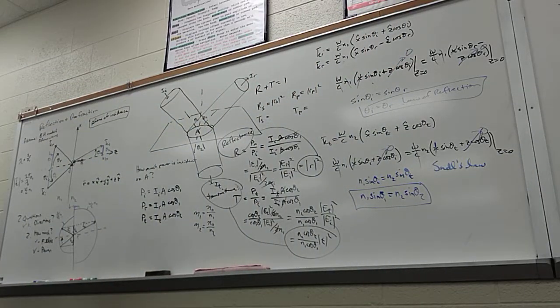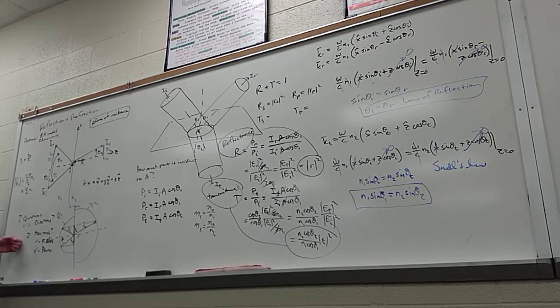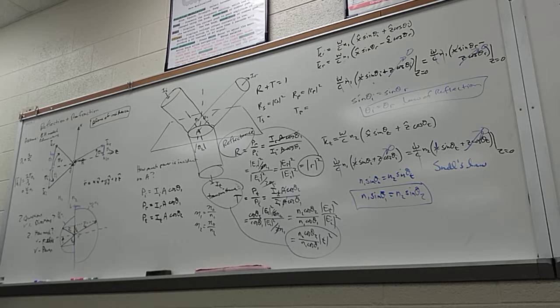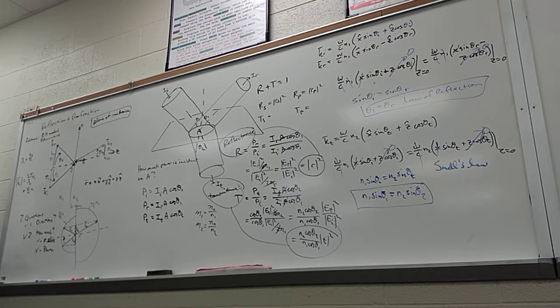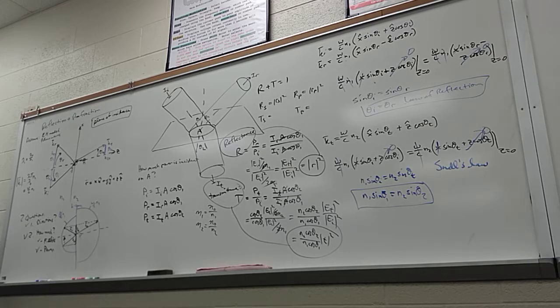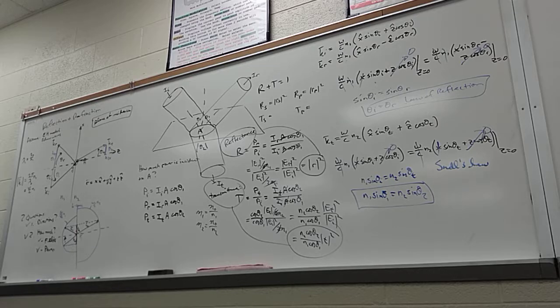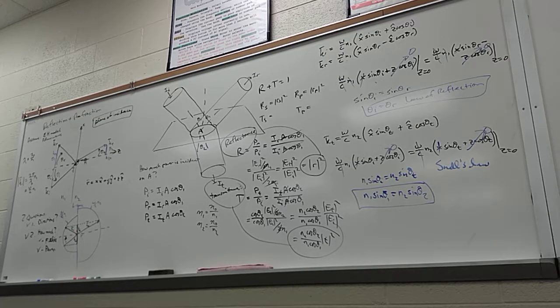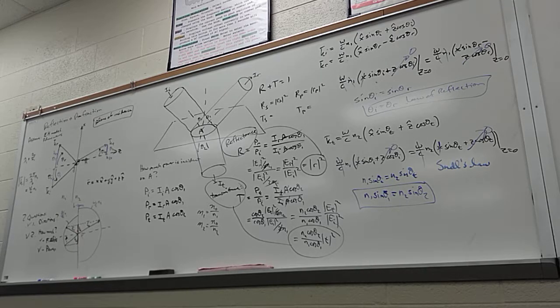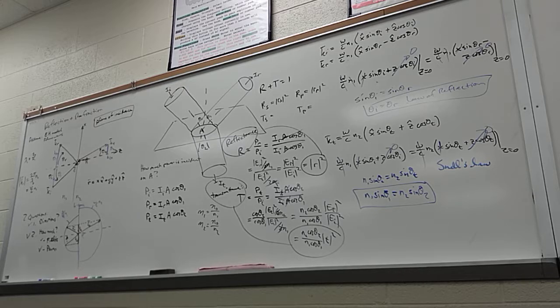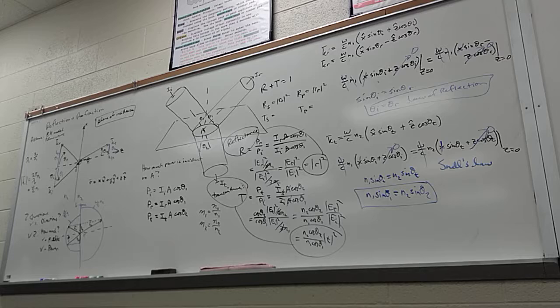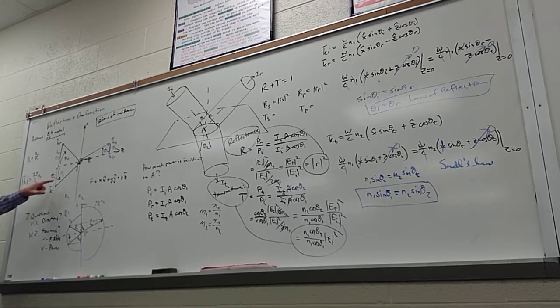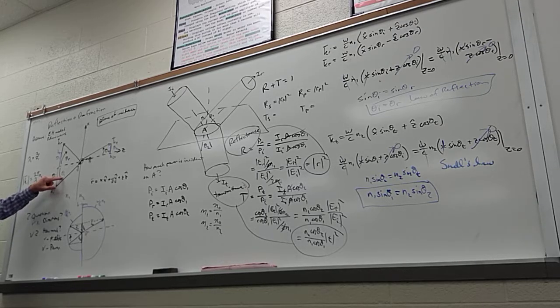Okay. So mission accomplished. We've answered our questions. Now what we want to do is know what the heck does all this mean? What are the practical ramifications of all this? And since we're out of time, we'll pick that up next time. And basically what we're going to do is, first of all, take normal incidence, meaning theta 1 is 0.